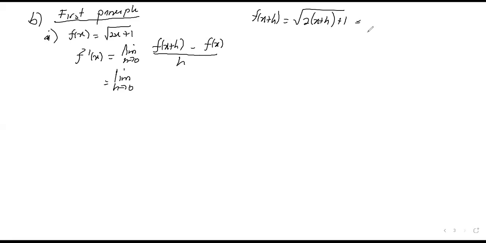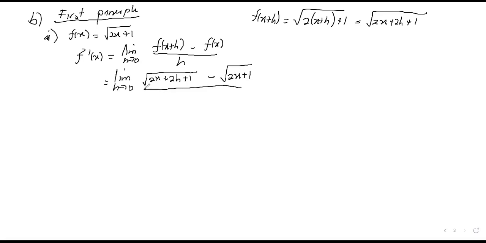If you expand this, it will be 2x plus 2h plus 1, like that. So you go back to the limit and substitute. Here we put the root of 2x plus 2h plus 1, and then minus, you bring back the original function, and then the h down.